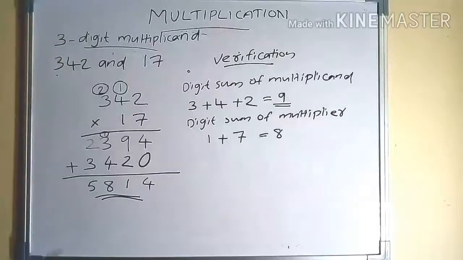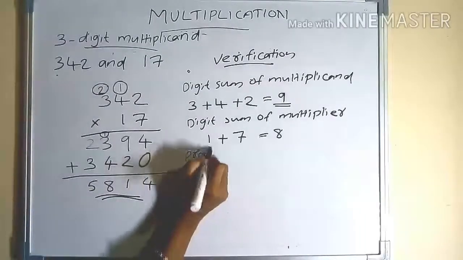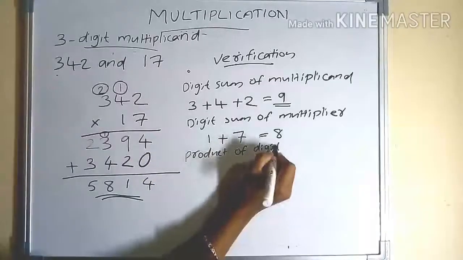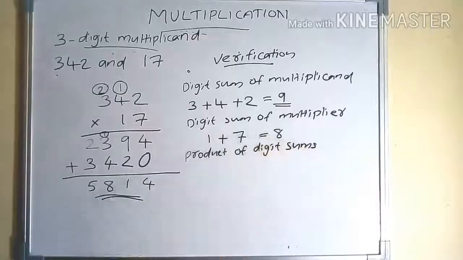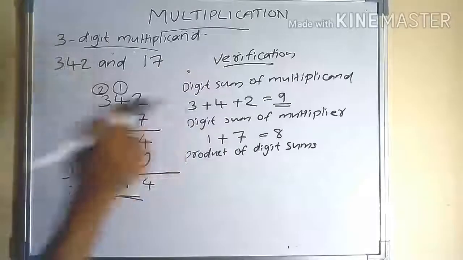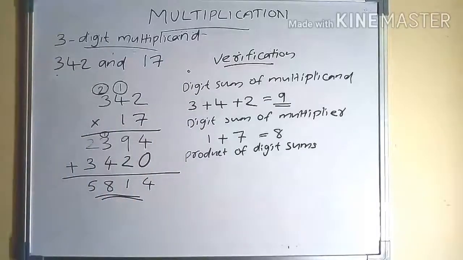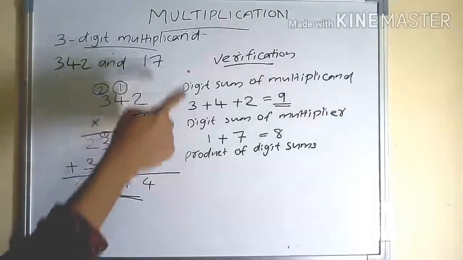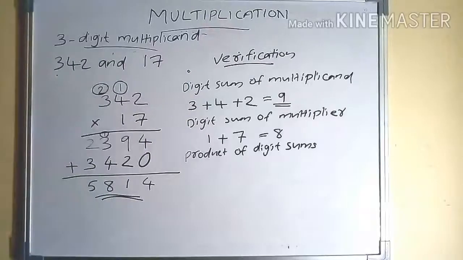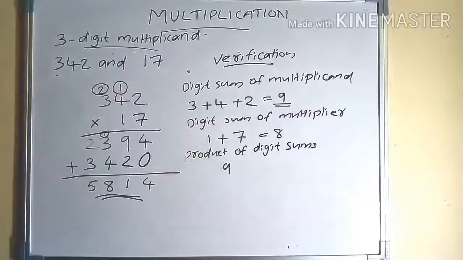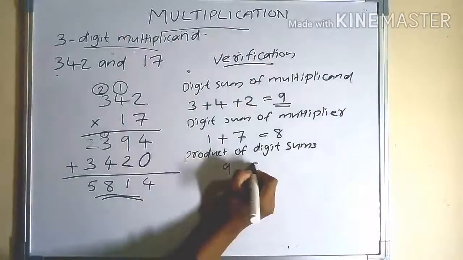Next is find product of digit sums. That is product of digit sum of multiplicand and digit sum of multiplier. Product means the result of multiplication. In this question, digit sum of multiplicand is 9 and digit sum of multiplier is 8.